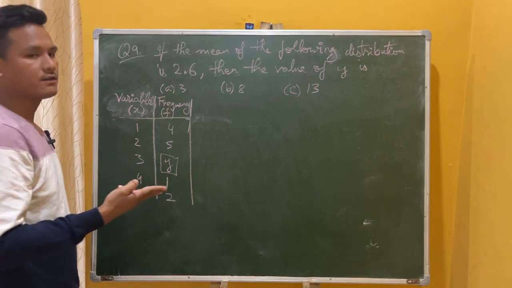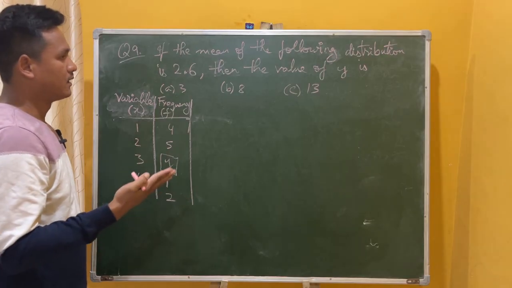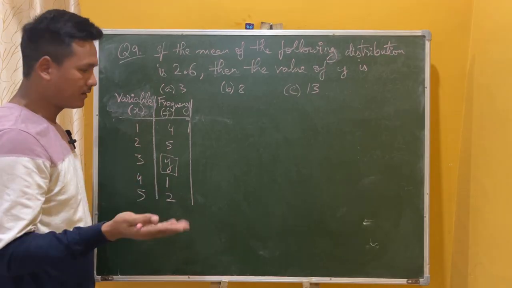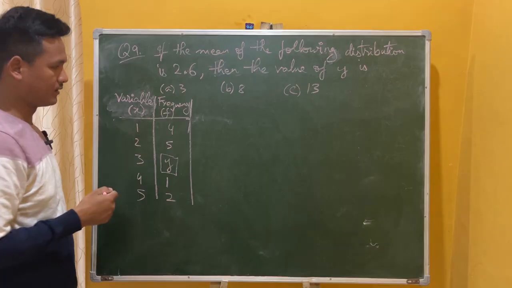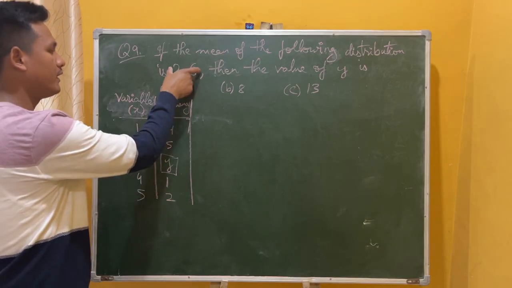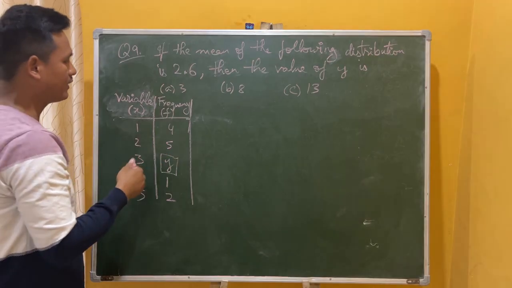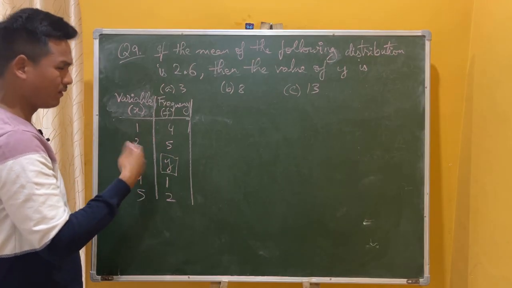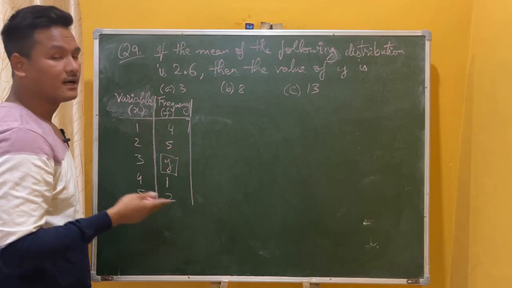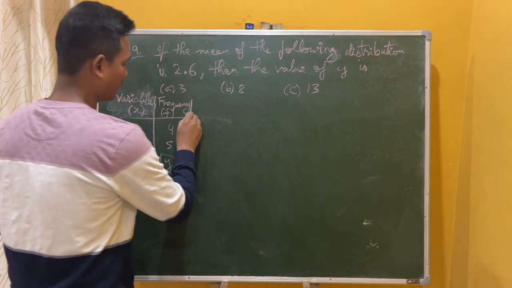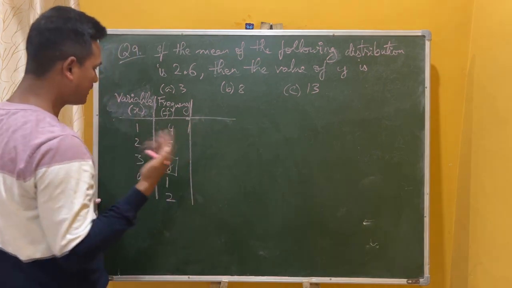So what are the ways of finding mean? In the syllabus we have direct method and assume mean method. So they have already given the value of mean. So what we'll do is we'll try to find the mean by direct method, which would be very simple.